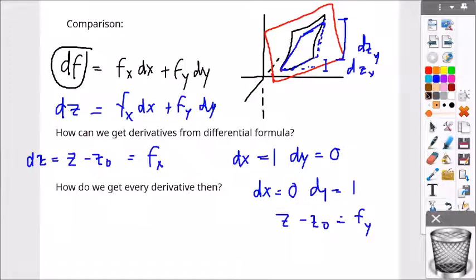The slope in 2D is y equals mx, right? For every change in the x direction, how much are you changing in the y direction? So m is the change in y over the change in x, times x, right?